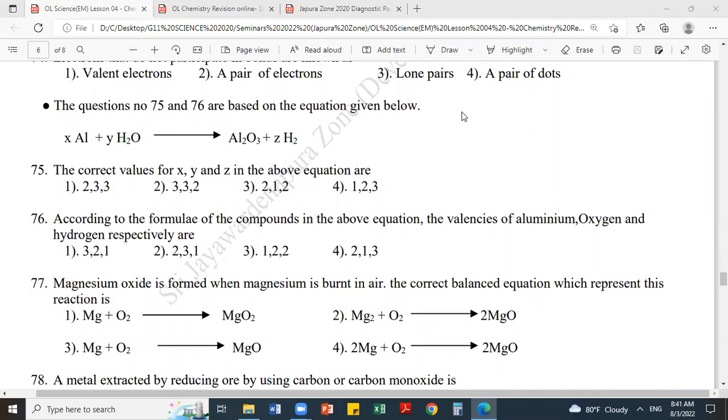Aluminium reacts with steam producing aluminium oxide and hydrogen. Any volunteers who can give me the answer for question number 75? Raise the hand, those who can give me the answer. Any volunteers?